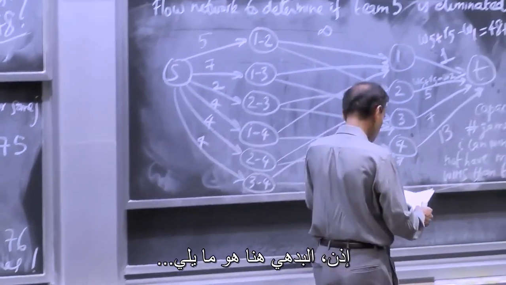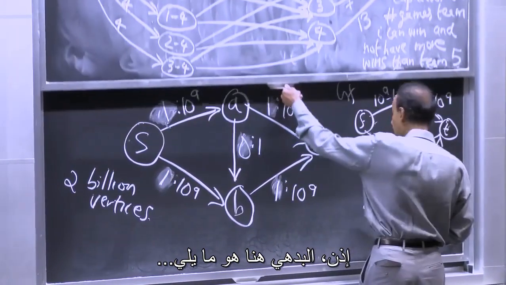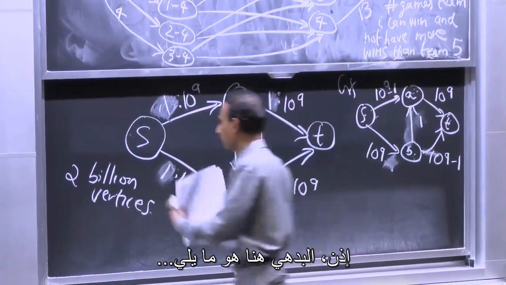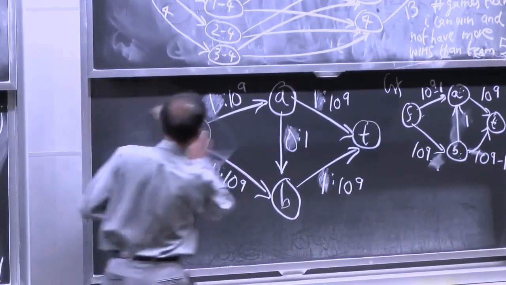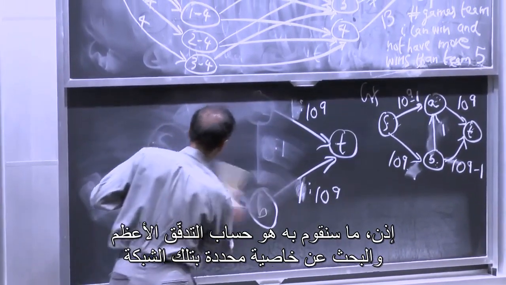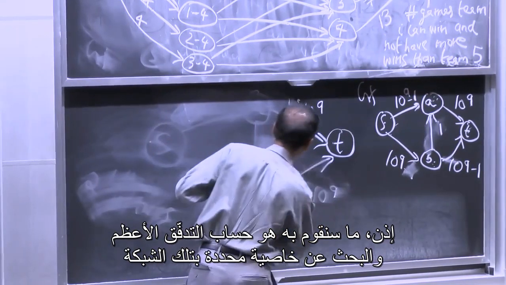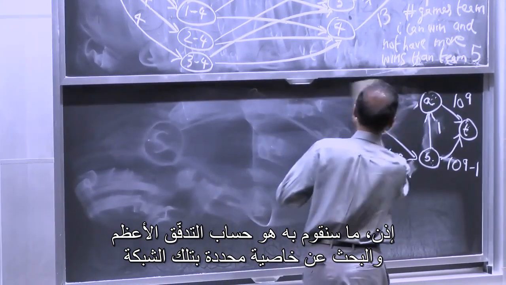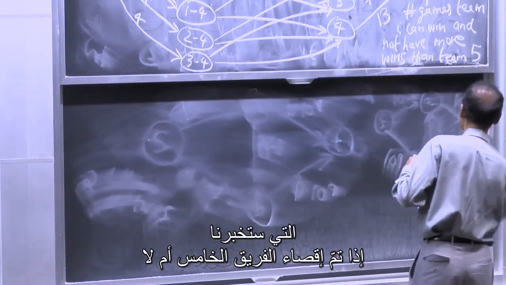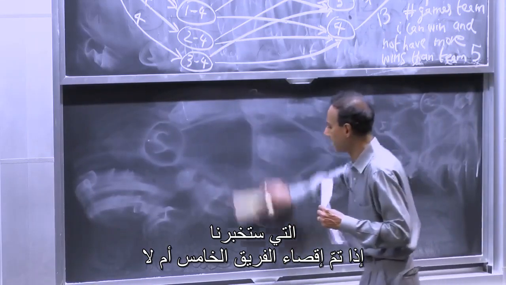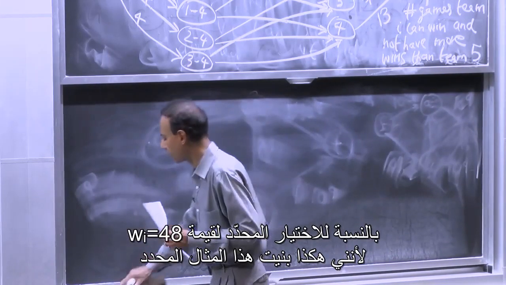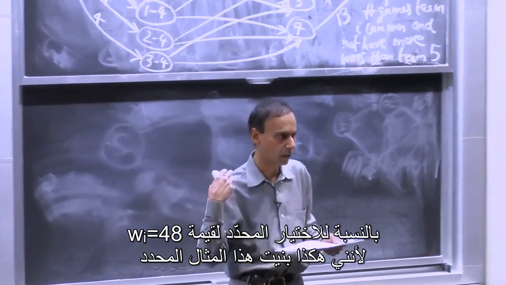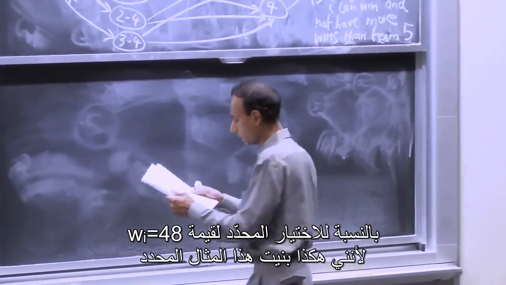So the intuition here is the following. What we're going to do is compute a max flow and look for a certain property on that network. And that's going to tell us if team 5 is eliminated or not for the particular choice of W5 of 48, because that's how I constructed this particular example.